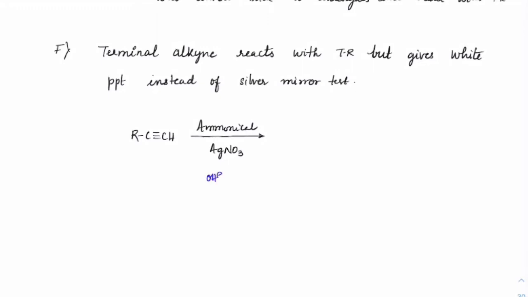And that C minus will form a precipitate with silver ion, Ag plus. So here silver is not getting reduced. This is not a reduction reaction. It is just an acid base reaction. So there is no silver mirror test. Remember this. Instead here we will get just a white precipitate.